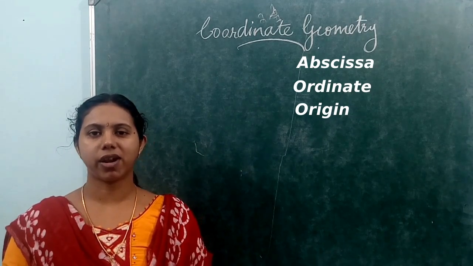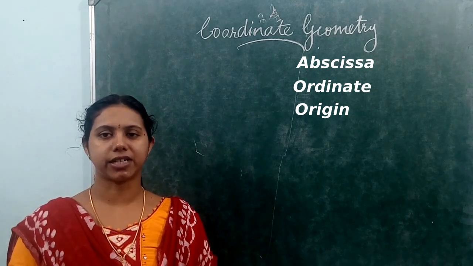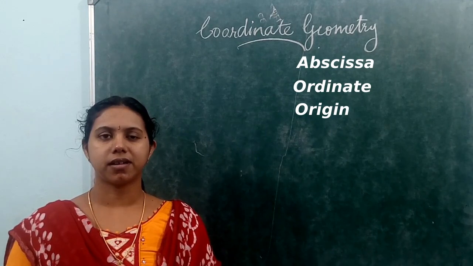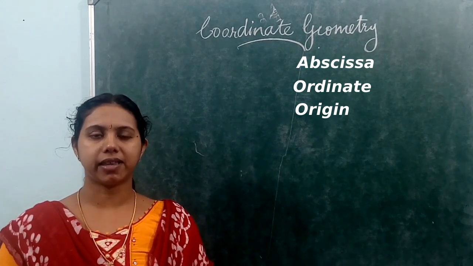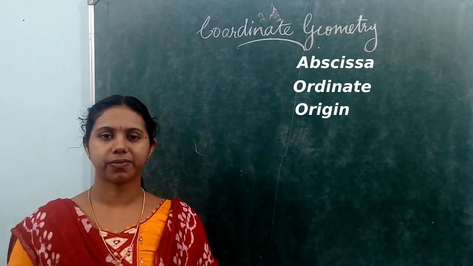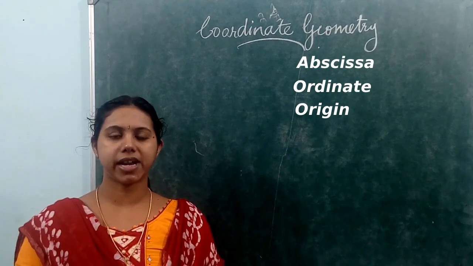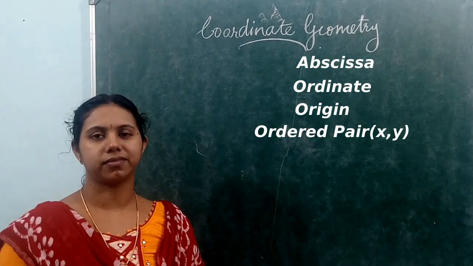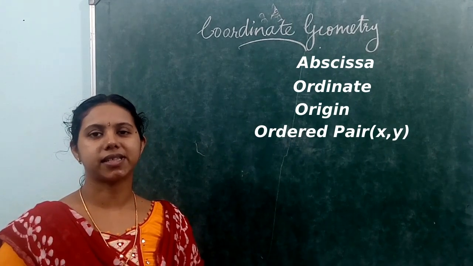In stating the coordinates of a point in the Cartesian plane, the x coordinate comes first and then the y coordinate. We place the coordinates in brackets, that is, an ordered pair (x, y).